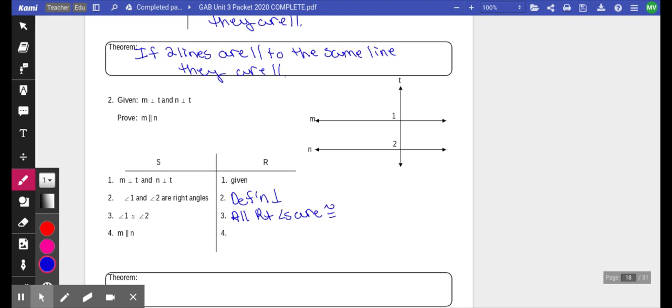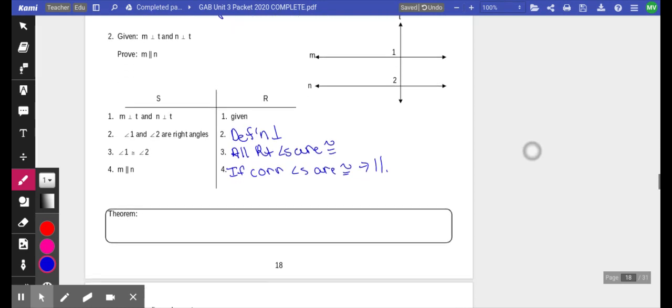And then we know that M is parallel to N because if corresponding angles 1 and 2 are congruent, then the lines are parallel.